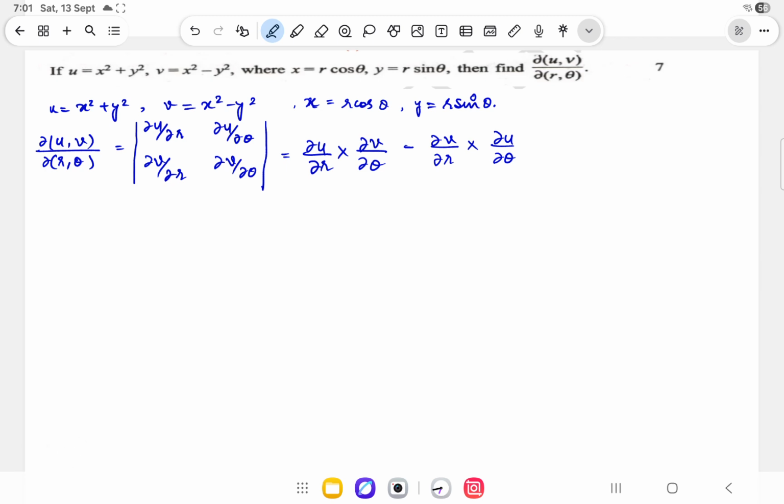So let's just find the value of ∂u/∂r and the other terms.